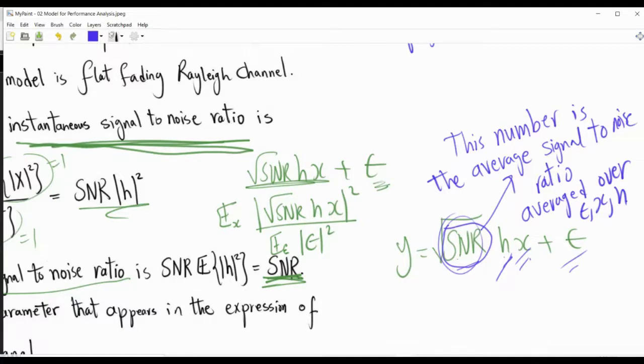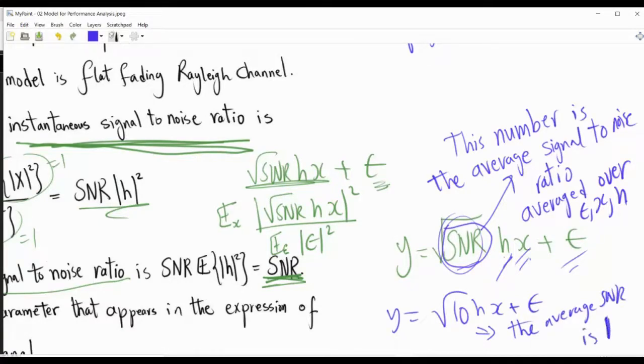And this constant has a meaning. If you write y = square root of 10 times h x plus epsilon, this means that the average SNR is equal to 10.